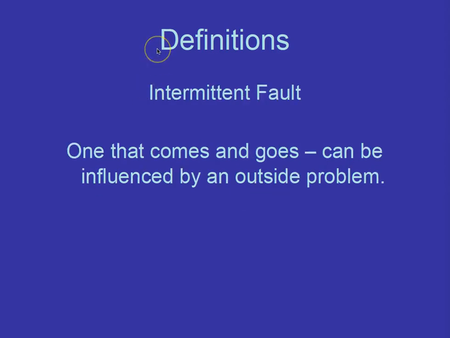Next, we have intermittent fault. These faults come and go, and they can be influenced by an outside problem. An intermittent fault is also called a malfunction of a device or system that occurs at intervals, usually irregular.